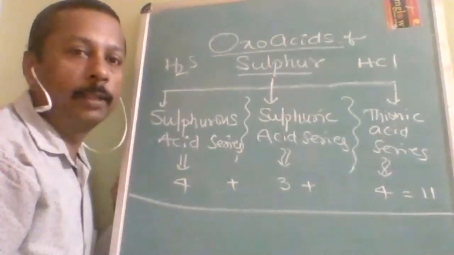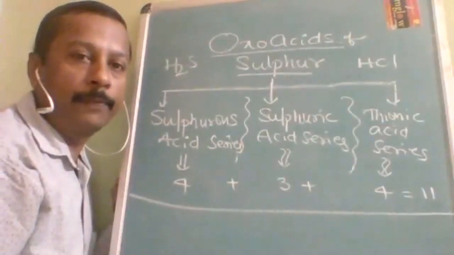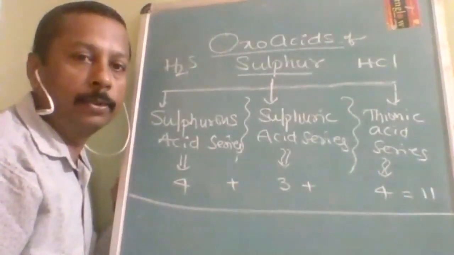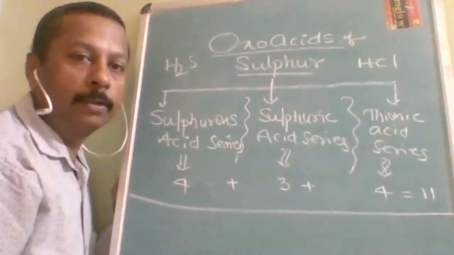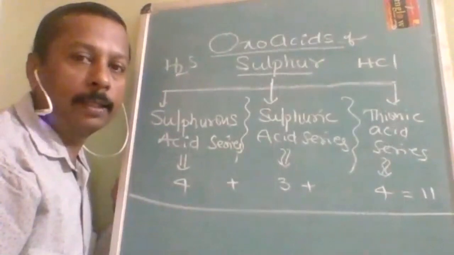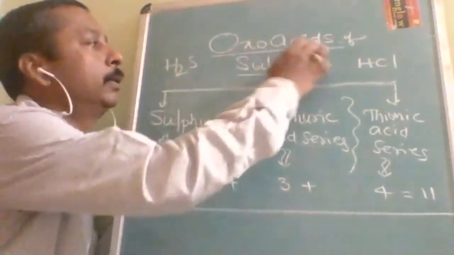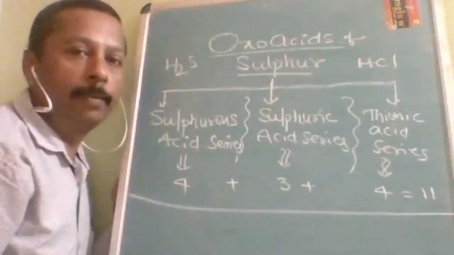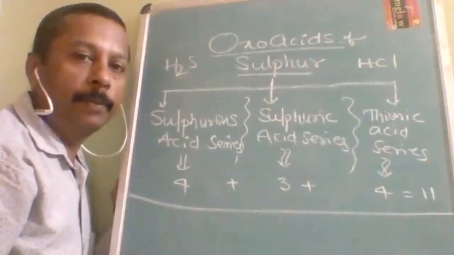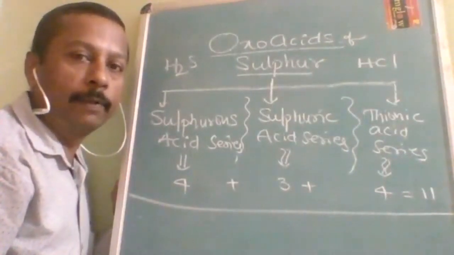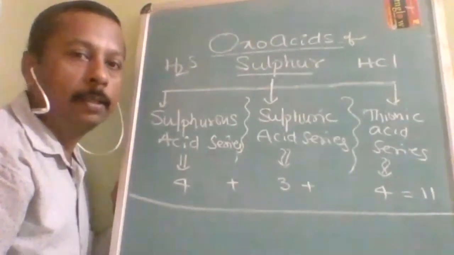So there will be three fixed types of elements. What are those three elements? First one is hydrogen, second one is oxygen, and third is the element about which we are talking, like the oxoacids of sulfur. So the maximum number of types of elements available in an oxoacid of sulfur will be three: hydrogen, oxygen, and sulfur.